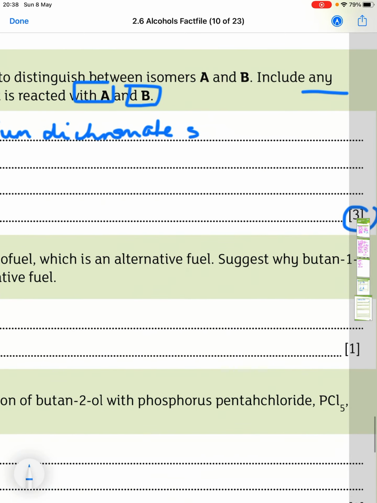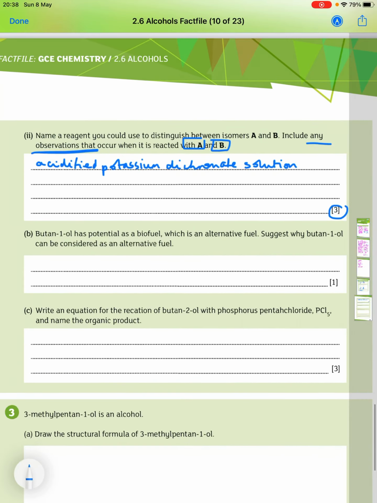And you must always say, if something is a solution, you have to say it's a solution. So acidified potassium dichromate solution, 1 mark. If you just said potassium dichromate solution, you wouldn't get it either. You have to include acidified.